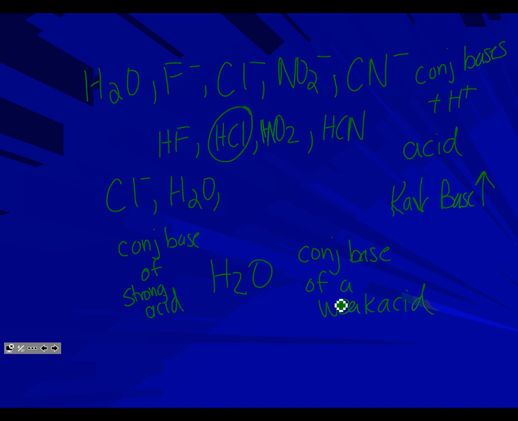So we'll just put them up there in order: our fluoride, our nitrite, and then our cyanide. Largest Ka value, so weakest conjugate base. A little bit smaller value, it becomes a stronger conjugate base, and this one was really small at something to the negative 10th, so it's the best conjugate base that we have.